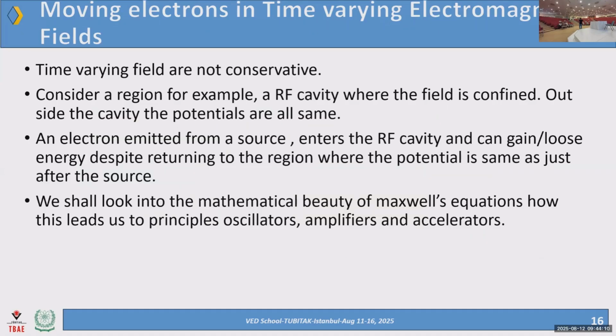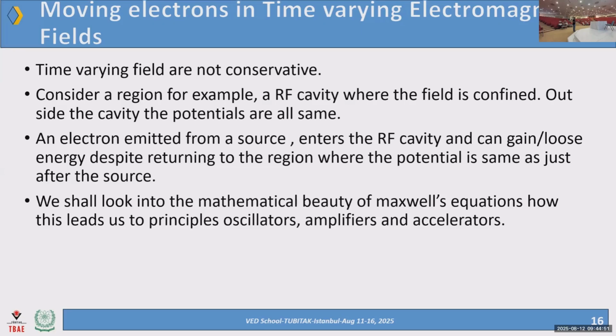If this region is filled with the electromagnetic field and the environment outside has no electric field, and a charge comes through this door, it can gain or lose energy depending upon its phase and interaction with the electric and magnetic field. It can leave and go into the same atmosphere, but it will have higher acceleration energy. So this makes these electromagnetic fields non-conservative.